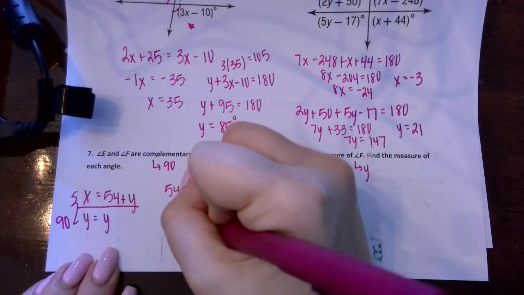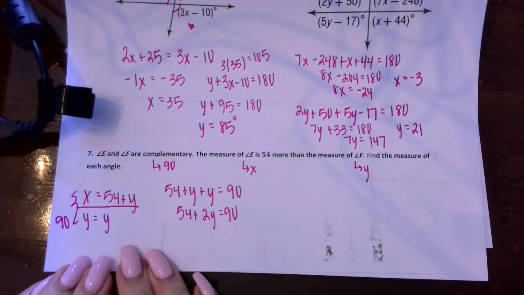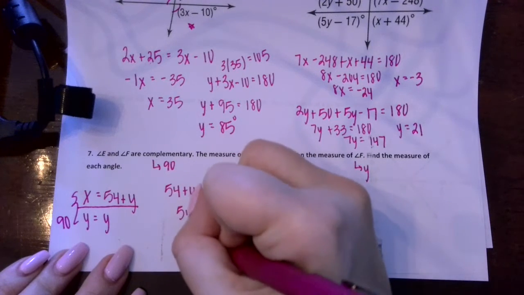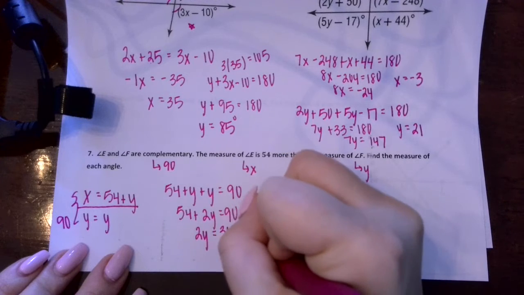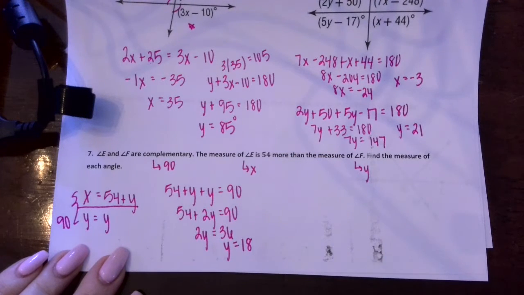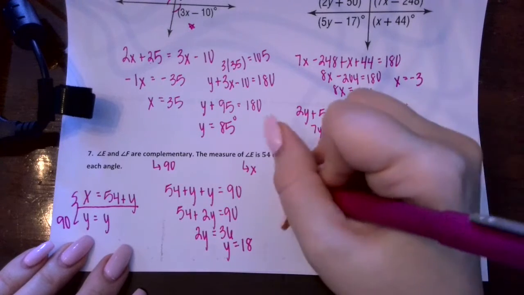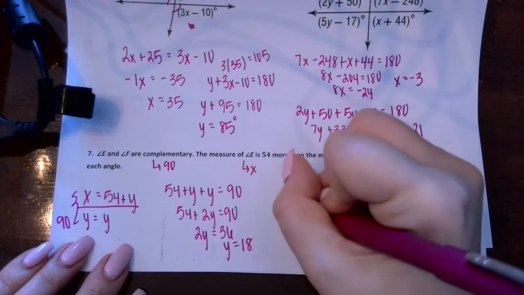So now here I can combine like terms. I'm going to subtract the 54 over. That gets me 36. So Y is going to be 18. Notice that's angle F. So angle F is going to be 18 degrees.